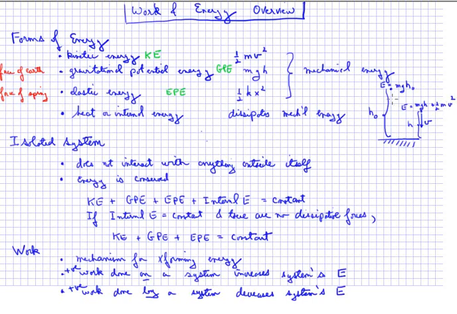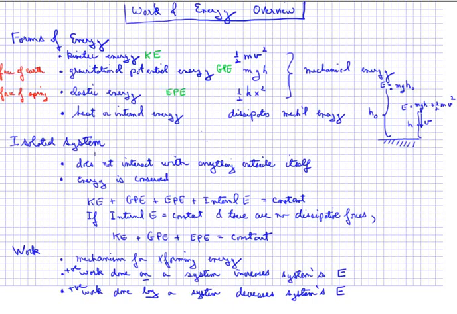We all know as something is dropped, its speed picks up. And so what we will see is that the sum of the GPE and the KE is constant, with the assumption that we ignore air resistance.